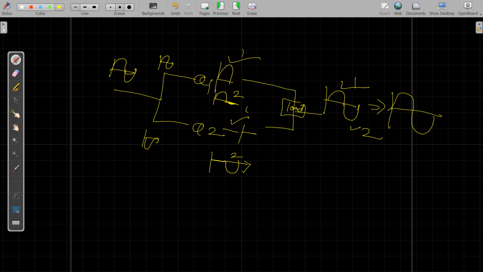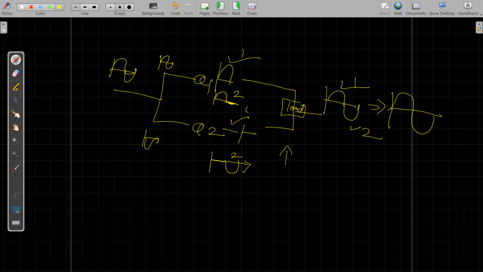That means both half cycles will be produced at the output side. When point A is positive, Q1 will be in the active region and Q2 will be in the cutoff region. While point A is negative and point B is positive, Q1 will be off and Q2 will be on in the active region, and we are going to get this output.